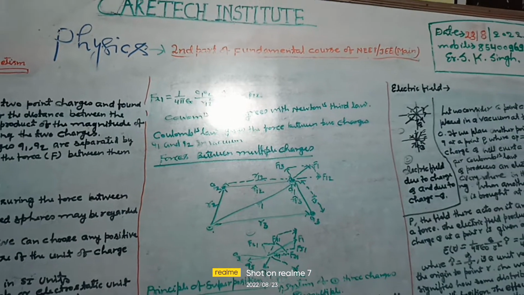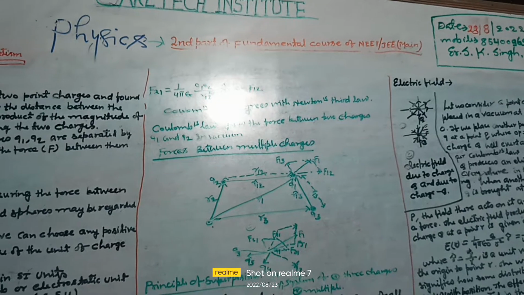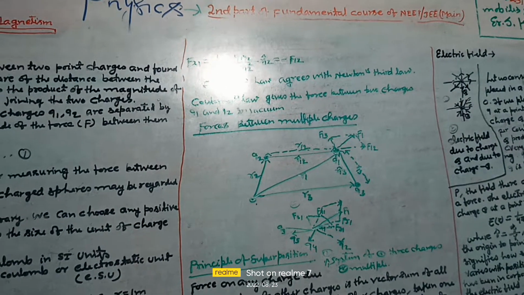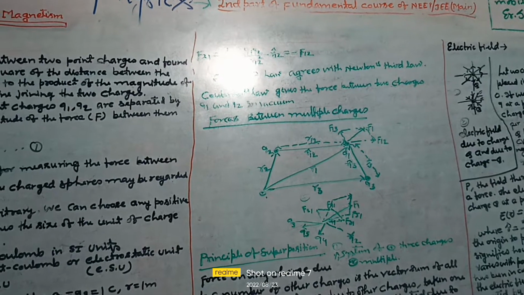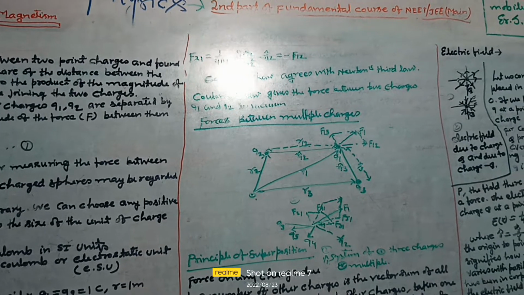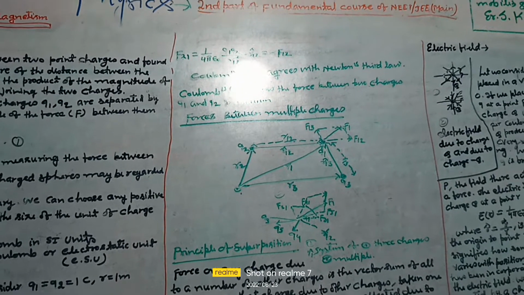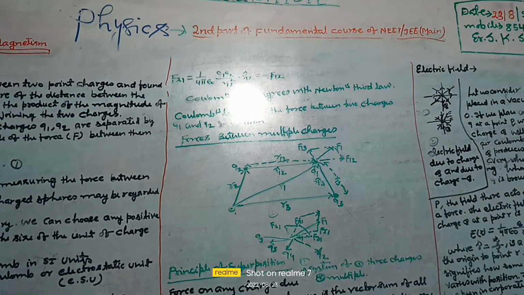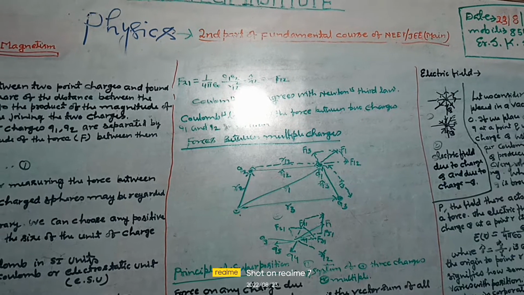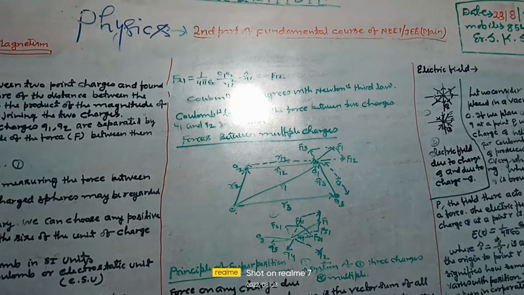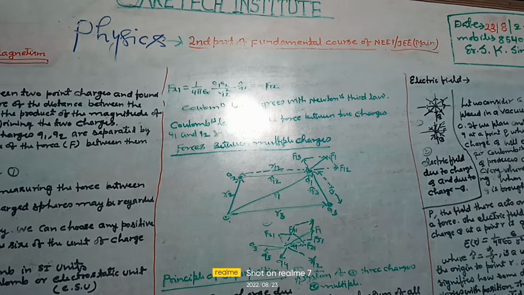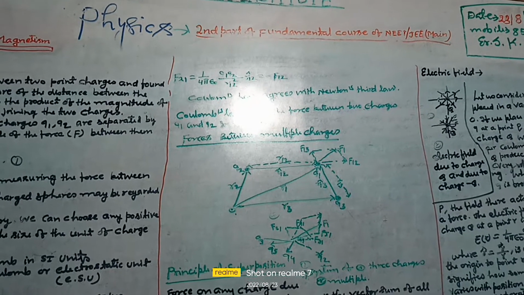Coulomb's law gives the force between two charges Q1 and Q2 in vacuum. Now consider forces between multiple charges as shown in the figure: Q1, Q2, Q3 at R1, R2, R3. The forces are shown by F12, F13, and the resultant force is shown by F1.